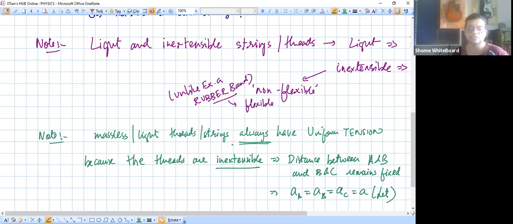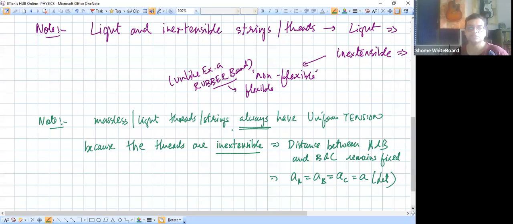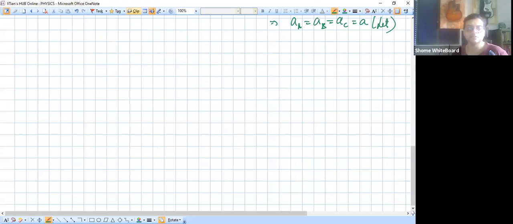Now, once we are clear about this, the rest is about solving the free body diagram. So next, as we apply Newton's laws, all we have to do is apply the free body diagram concept properly. So free body diagrams of all three bodies. That's the fundamental way of solving.